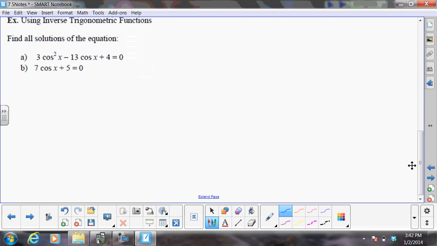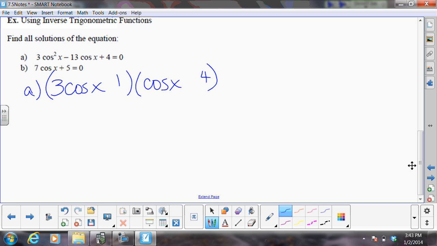Next one. Oh, well, it is already in a quadratic form. So I'm going to go ahead and double bubble it. I feel like we just did this one. Did we just do that one? No. It was 6 and 1 to get 13 or something. All right.